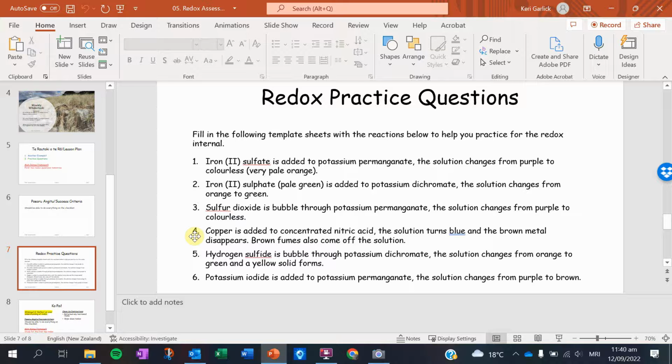The solution turns blue, so for solution observations it's going from colorless to blue. We also have the brown metal disappearing. And the last thing happening is that we get brown fumes, or brown bubbles.